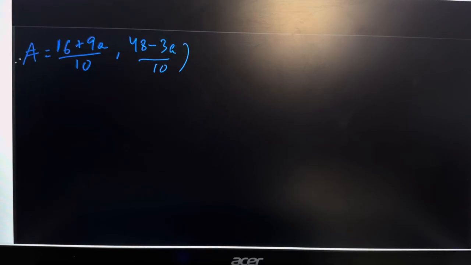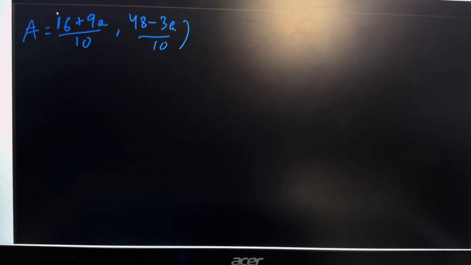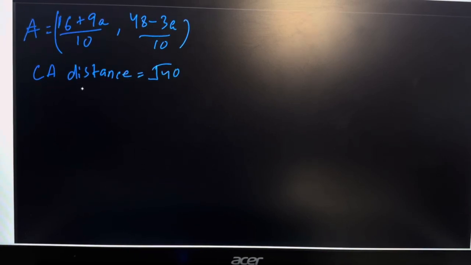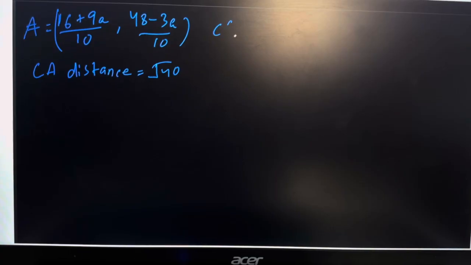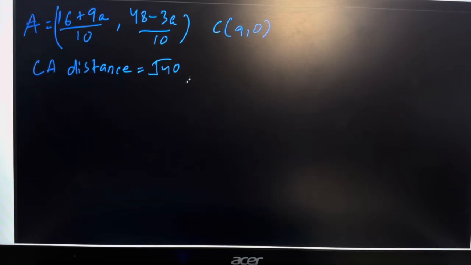The small letter a. Okay, so we know that from C to A the distance should be under root 40. Okay, C is what? (a, 0). So you can find the theoretical and equate it to the actual.